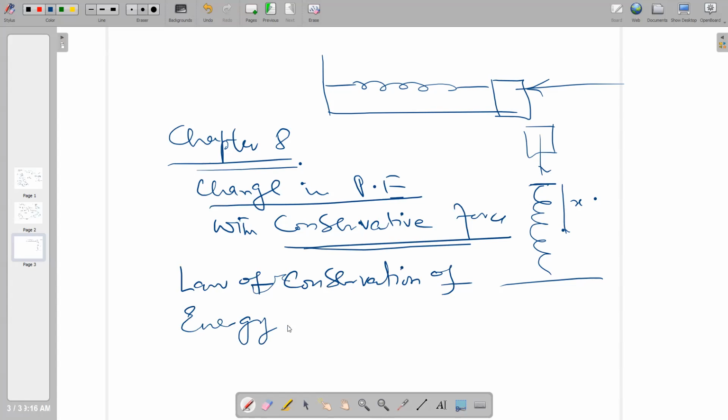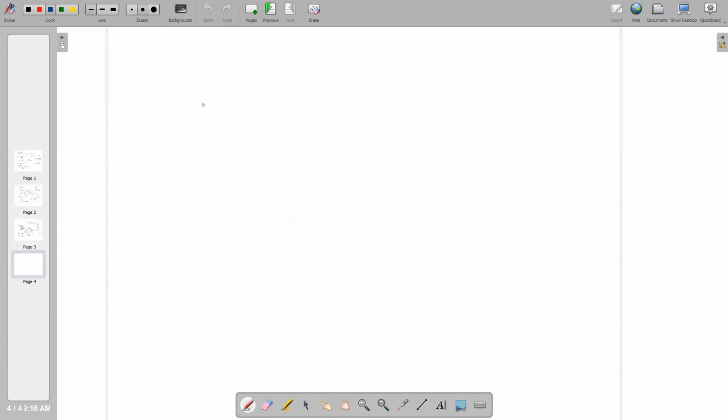The law of conservation of energy means that potential energy plus kinetic energy is equal to the total energy, which always remains constant, and this is called mechanical energy. You should remember, I already explained to you that 4 conservation laws exist in physics.